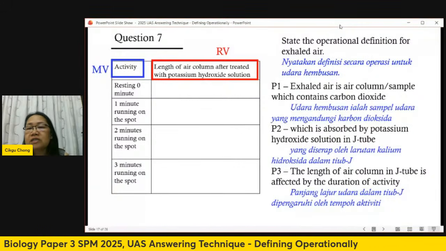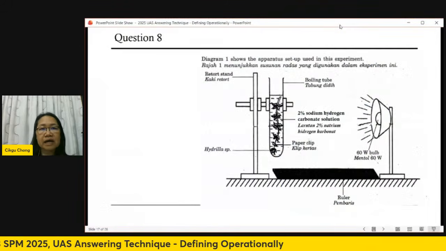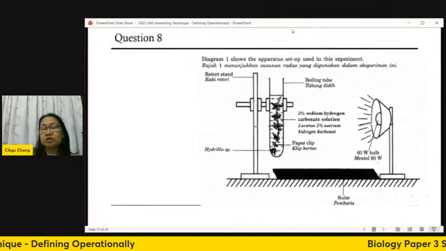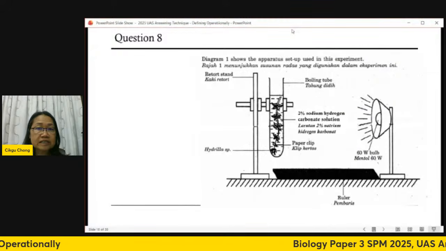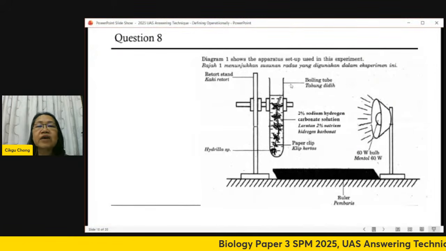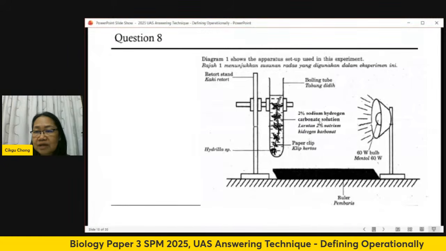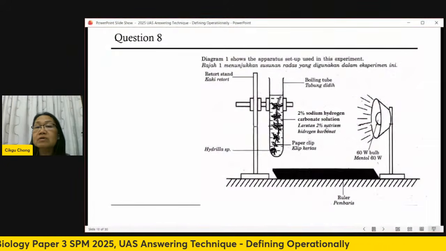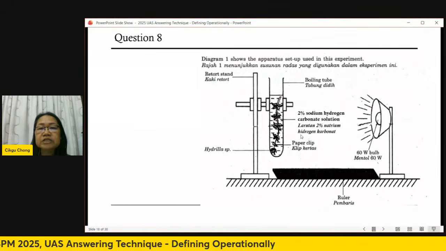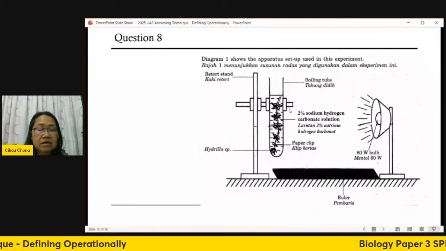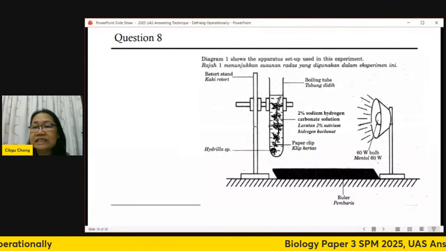Okay, question number 8. This is an experiment to investigate photosynthesis. Now this one, see this, sodium hydrogen carbonate, or in BM we call it natrium hidrogen karbonat. This is to provide your carbon dioxide for the photosynthesis.